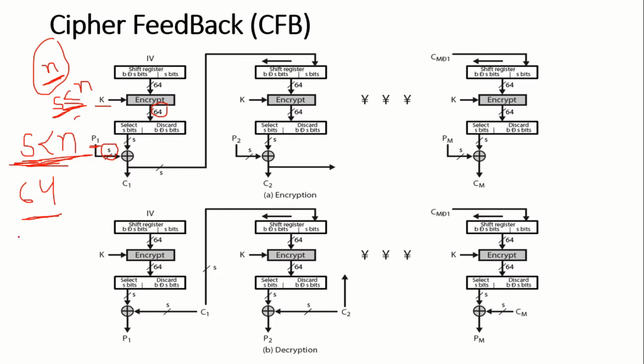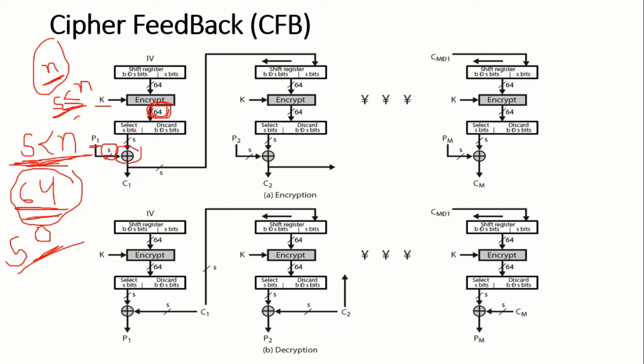Now we have to XOR the 64 bits with the 50 bits of the plain text, which is not possible. So what we do is discard these 14 bits out of the message which we have got over here. After discarding these 14 bits, we are left with 50 bits. Now we can perform this XOR operation.